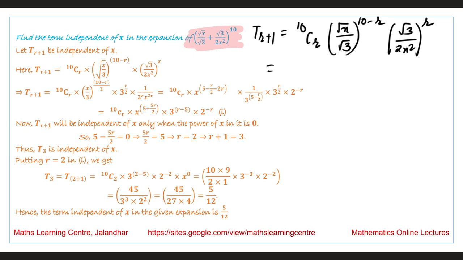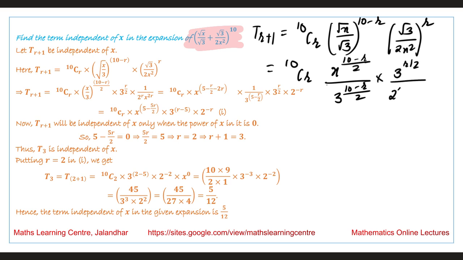Now if we try to simplify these values, we have x raised to the power 10 minus r by 2 over 3 raised to the power 10 minus r by 2, into 3 raised to the power r by 2 by 2 raised to the power r, x raised to the power 2r.